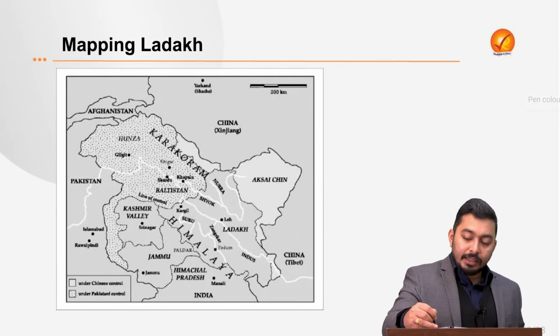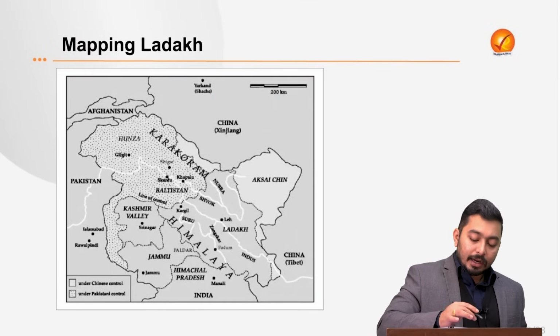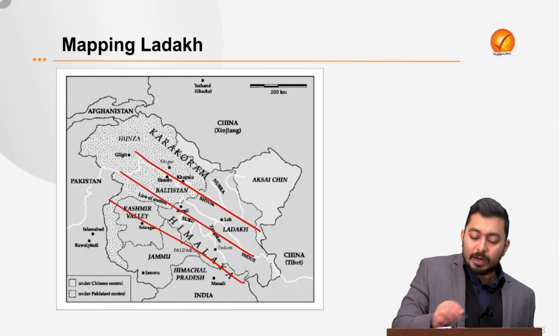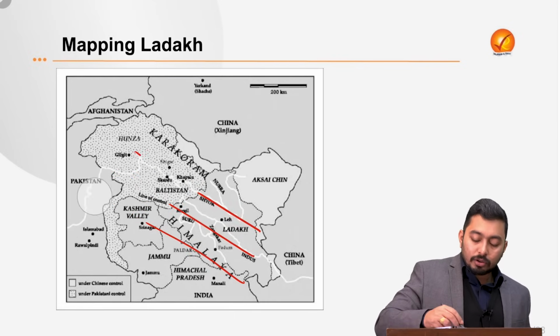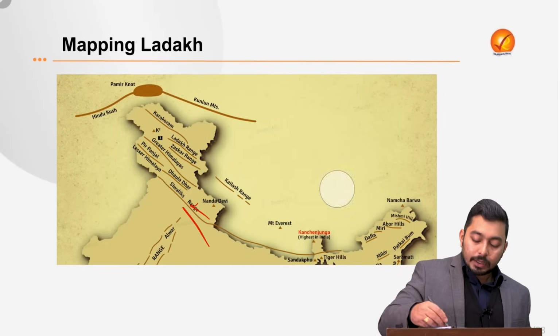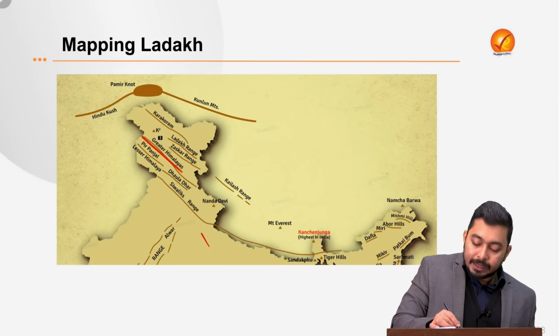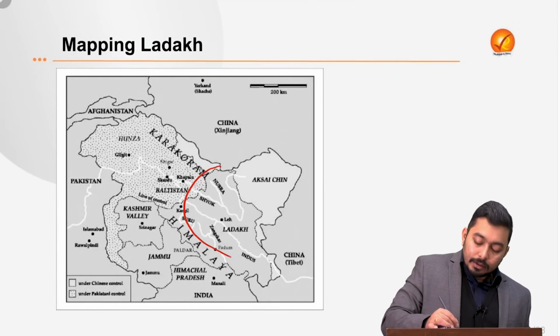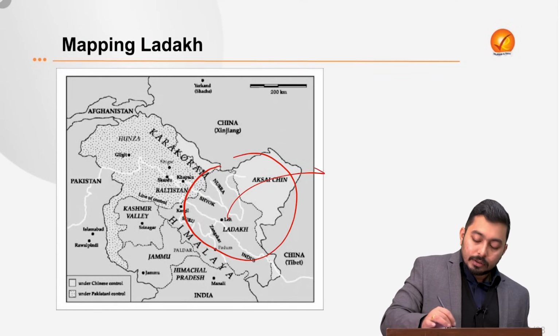Now look at the particular region Ladakh. So what we are saying is that you have parallel ranges in this format. So north of, look at the map here. Can I say that north of the Great Himalayas and the Pir Panjal range, you have the entire region of Leh and Ladakh.